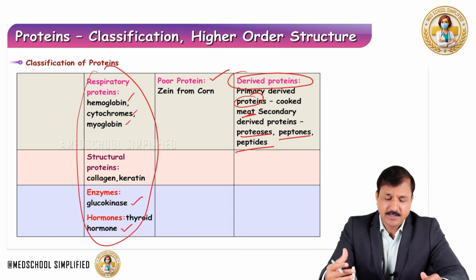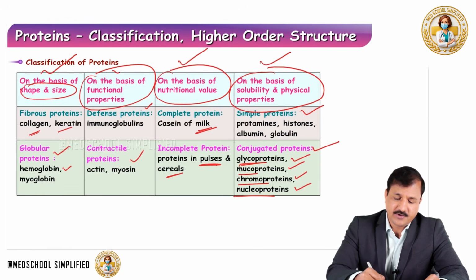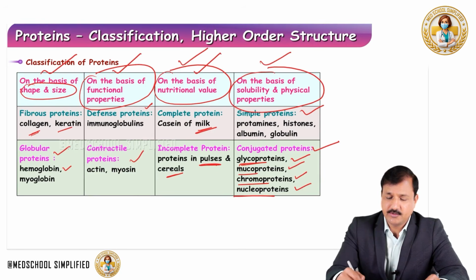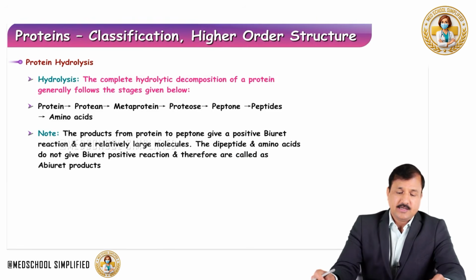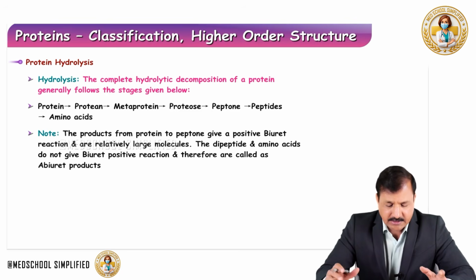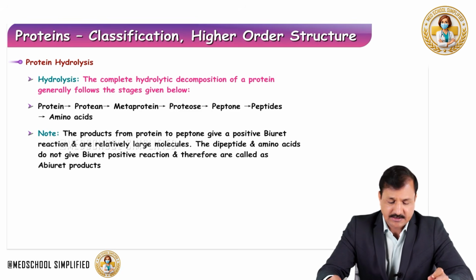So that's a simple classification of proteins based on shape and size, functional properties, nutritional value, and solubility and physical properties.